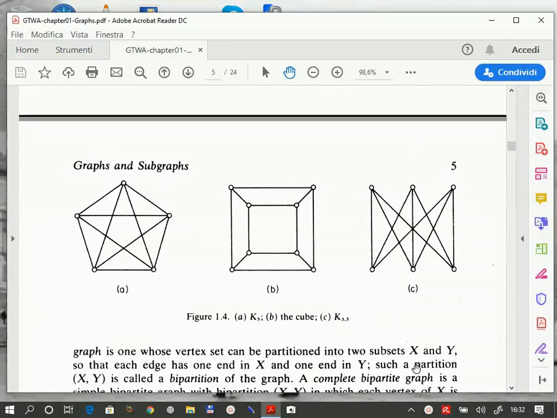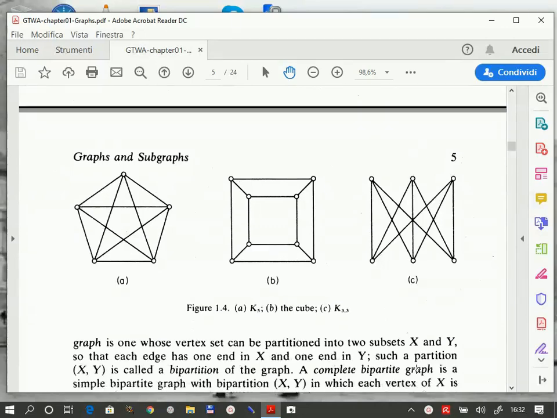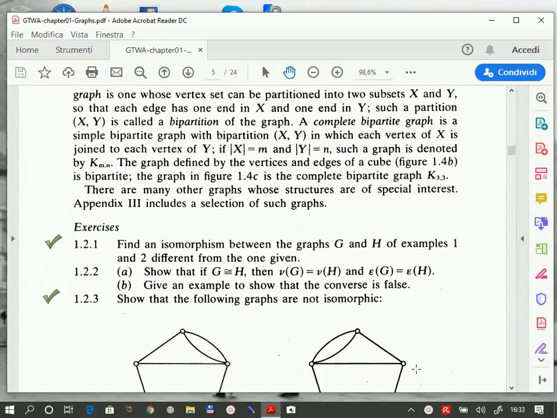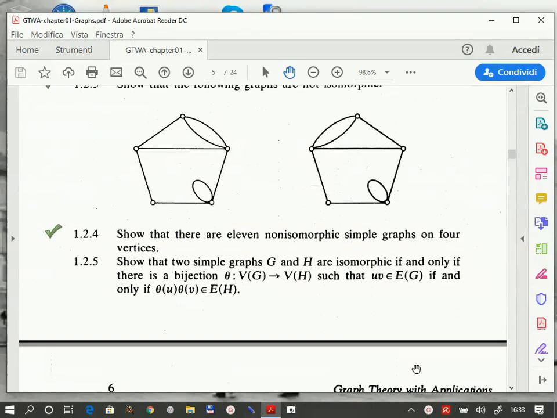Remember this, we have two types of things which might happen when you try to prove or disprove something. You might prove something, and you must prove it in a very general way, saying I take any graph and so and so. Later we have something like this with cubes, of which this is an easy example. And you must make a very general, very abstract reasoning. Or you might disprove something which has been said, like in this case.